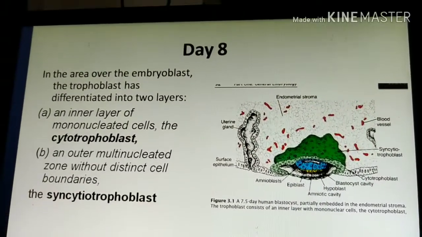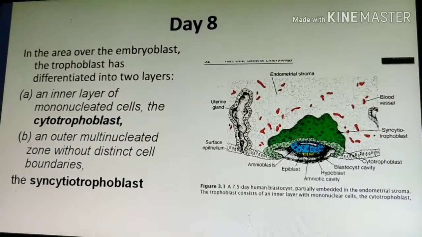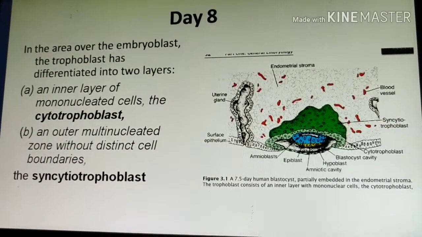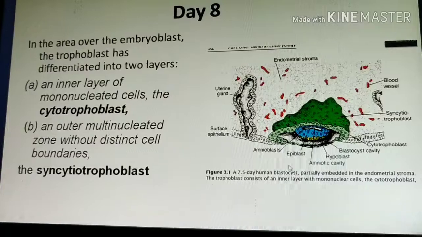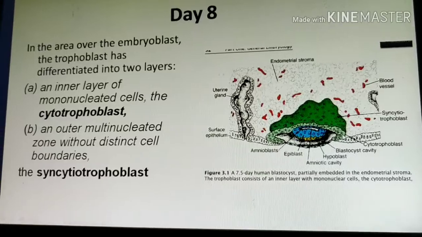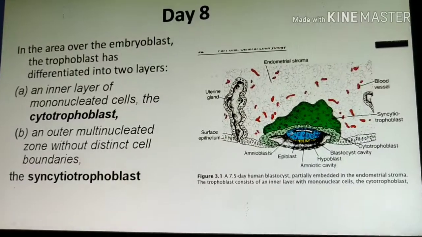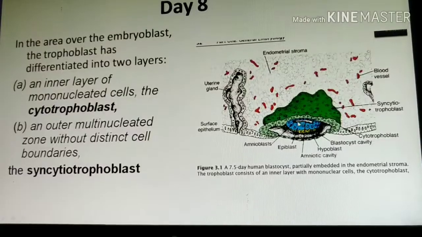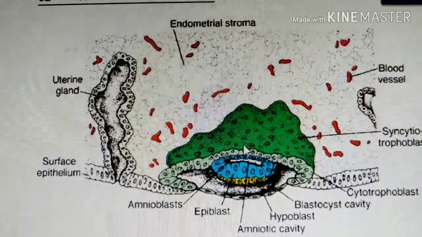The first event, embedding, is partial; the process of implantation gradually occurs to completion. The trophoblast first overlaps the embryoblast, and in those regions the trophoblast is first differentiated into the inner mononucleated cytotrophoblast with distinct cell boundaries, and the outer multinucleated syncytiotrophoblast without distinct cell membrane.